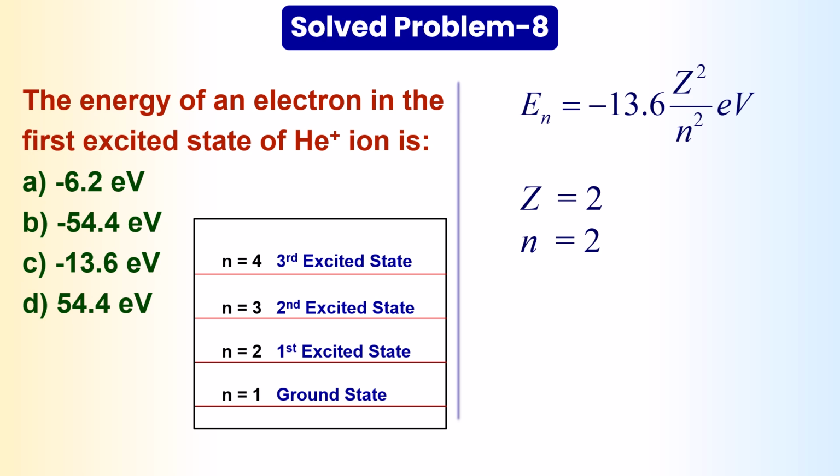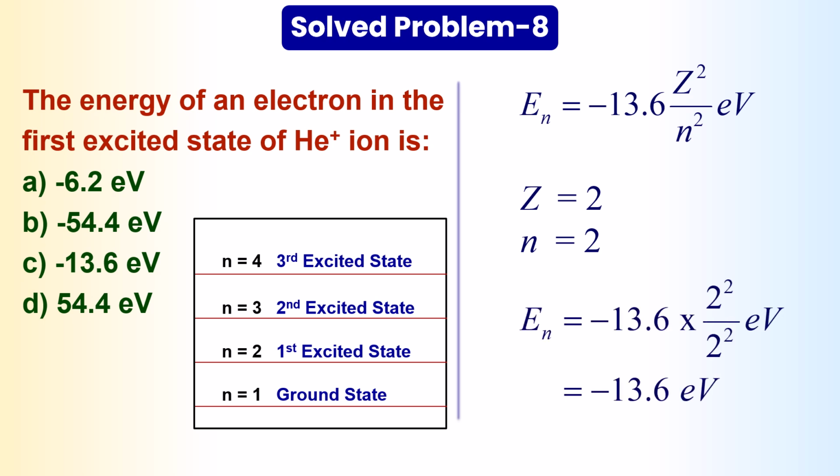N is equal to 2 means it is first excited state. For 3, it is second excited state. N is equal to 4 indicates third excited state, and so on. Now plug in the values into the shortcut formula. We will get minus 13.6 electron volts. So the correct option is C.